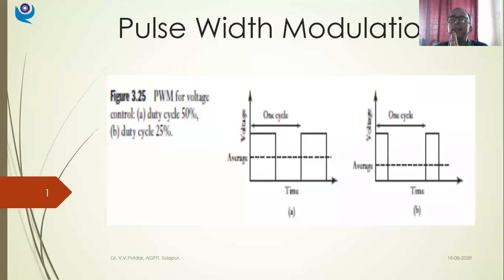We have studied the transducer. The transducer has converted the physical parameter into some convenient electrical or electronic signal. Now this electronic signal is to be conditioned for various purposes. I'm just revising those things.